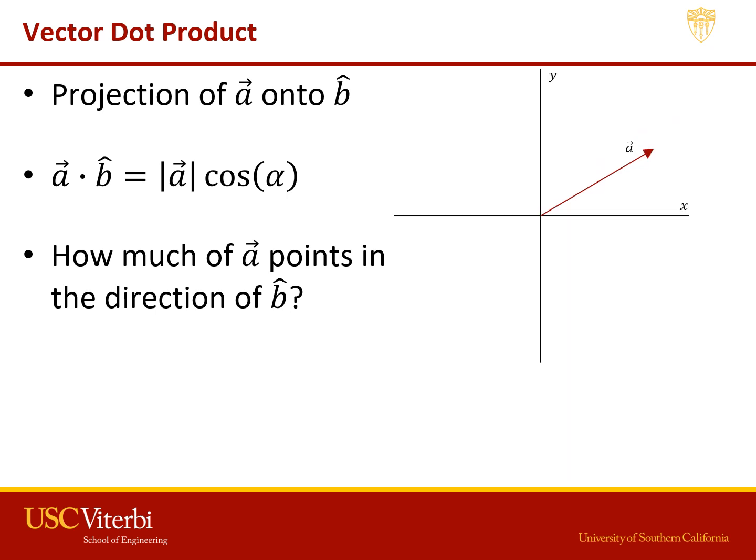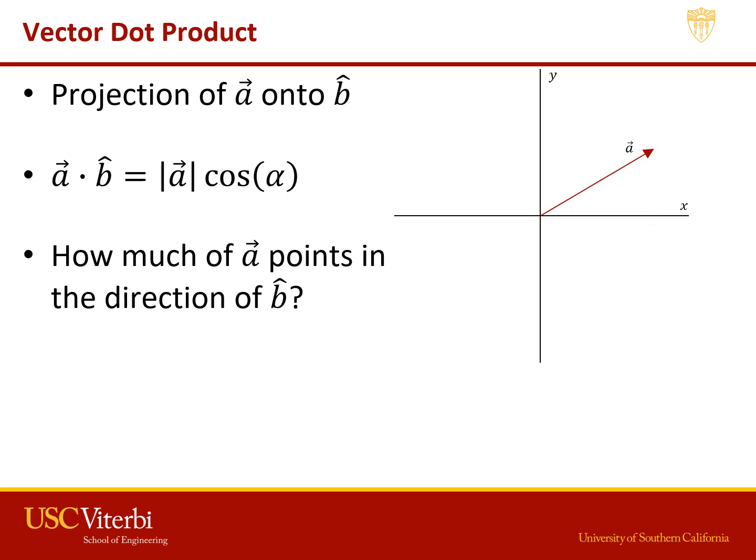Okay, we can think of that as how much of A points in this direction B. Cool. Now that's actually something we've been doing for a very long time, well before we learned about a dot product. We've been doing this and we just didn't really realize it. Take a look. Let's take this vector A and just drop it onto an XY axis. And what are we doing? We say this vector A is the X component and the Y component, right? What is the X component of this vector A?